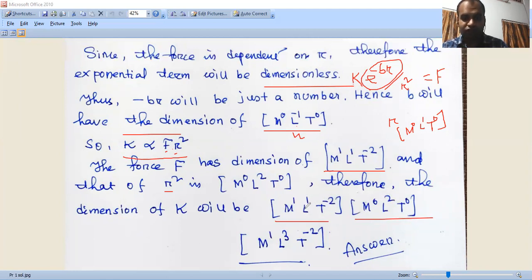For L, we have L1 in the first quantity and L2 in the second quantity, so 1 plus 2 will be 3, L3. Then we have T minus 2 here and T0 here, so minus 2 plus 0 will be minus 2. This particular dimension represents the quantity K. In this way, you can solve this problem.